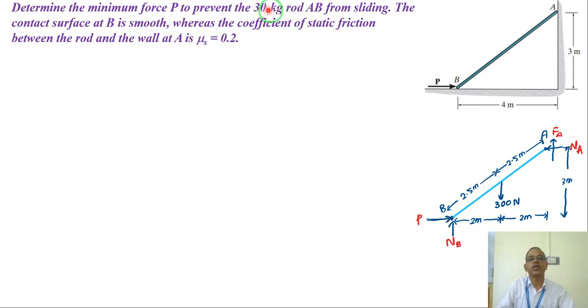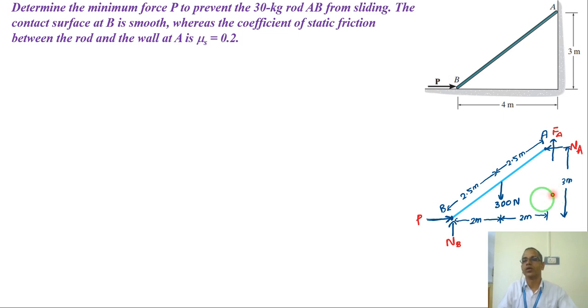Now, the problem said a 30 kg rod, we assume g is 10, so 30 into 10 is 300 Newton, acting at the centroid. We know this rod is 5 meter long.